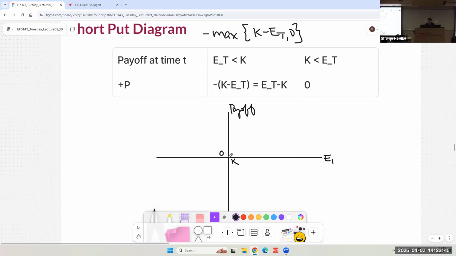So 0 if E_T is to the right of K. And then if it's to the left of K, it will be an upward sloping curve, like so. And then, of course, when we account for P, we shift the entire curve upwards.